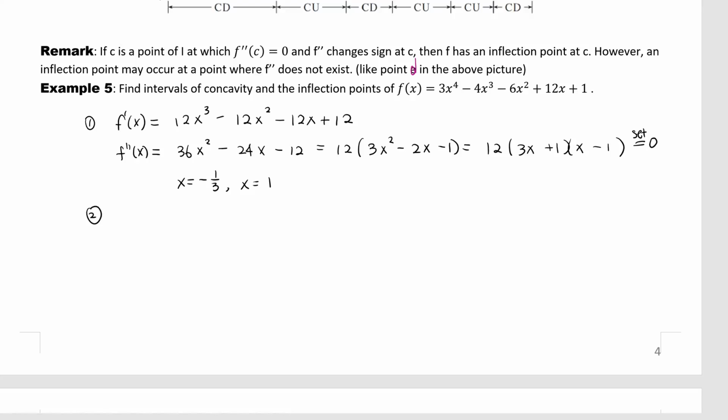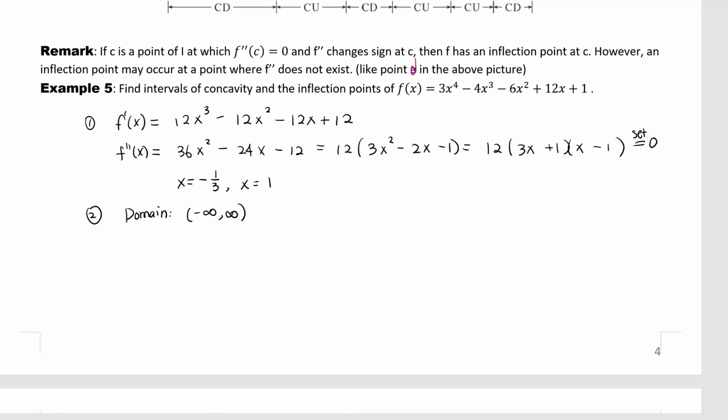Okay. Second, we want to find the domain. Well, this is a polynomial, so the domain is all real numbers. Do you remember last time? For critical points, if the points make the first derivative 0 and are in the domain, then we can say they are critical points. But here, we cannot say they are inflection points, because we also need to make sure the second derivative changes signs.